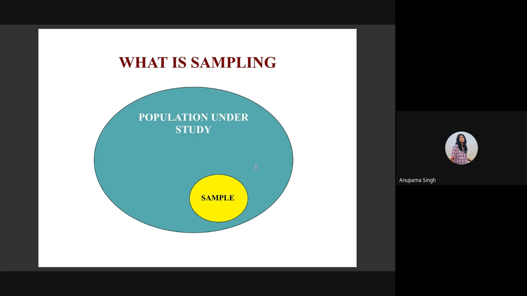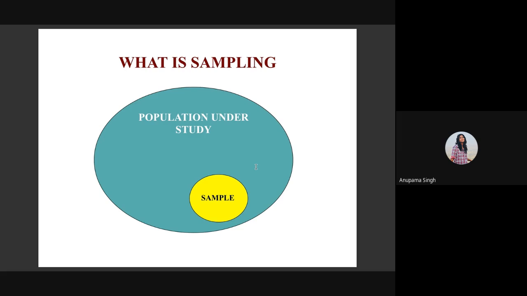Since we are focusing on one age group, the number of individuals in that particular age group will be our population. Then we will draw a sample. How we draw a sample and the characteristics of samples are a different thing.